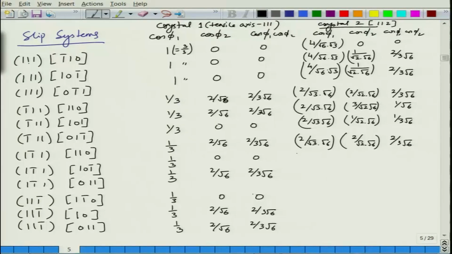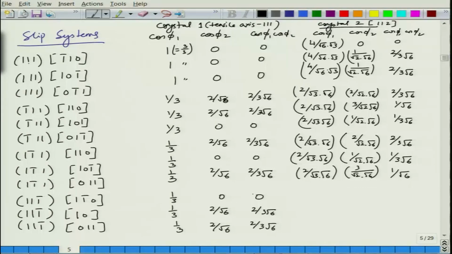For the next one, it is 2 divided by square root 3 into square root 6, and the other one will be 1 divided by square root 2 into square root 6, and the product becomes 1 divided by 3 root 6. Then 3 divided by square root 2 into square root 6, this becomes 1 divided by square root 6, and these will be 0, these will be 0 as well.